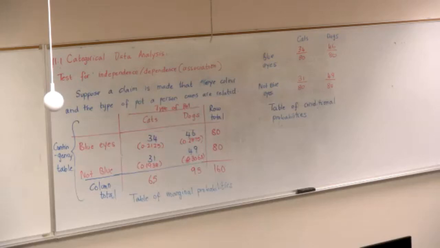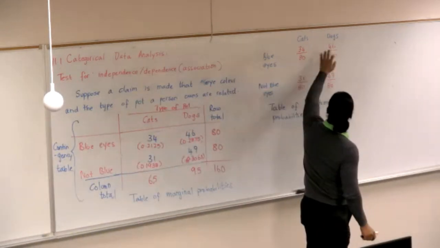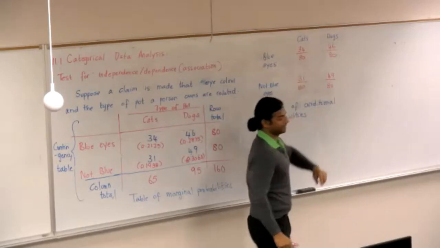Let's find the decimal values for each of these. 34 over 80, 46 over 80, and the other two.